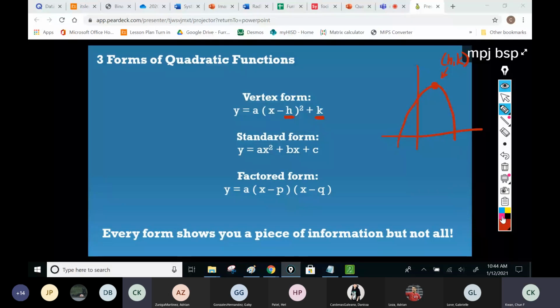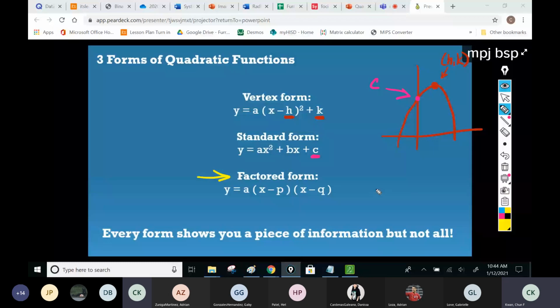And then the second form is the standard form. It gives you the C right here, which is the y-intercept. And then the last form is the factor form.